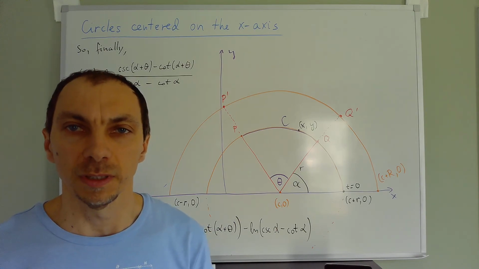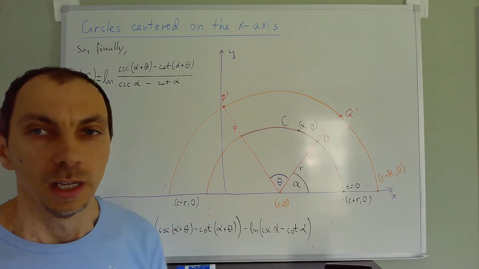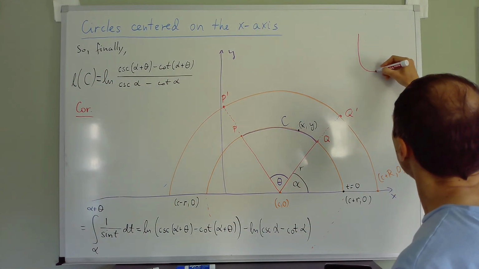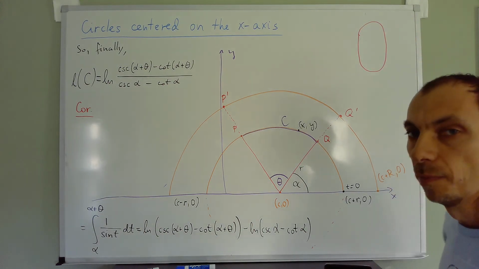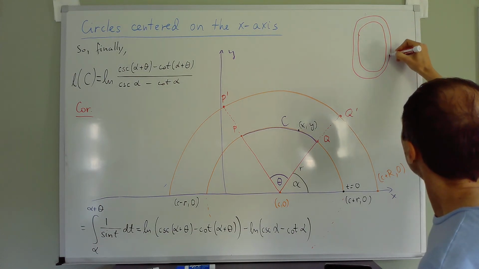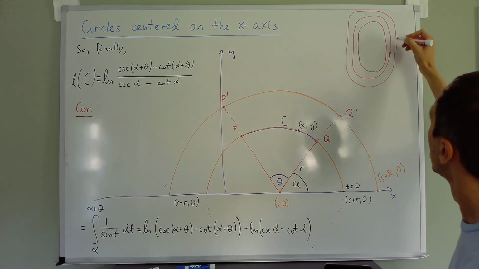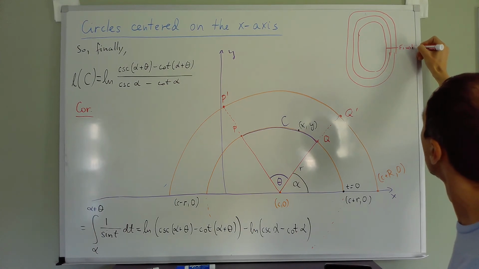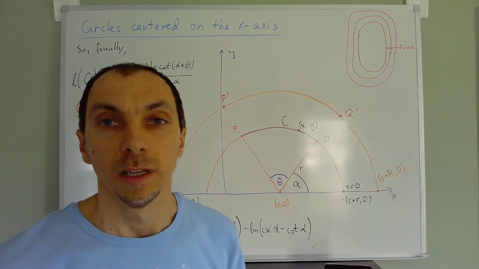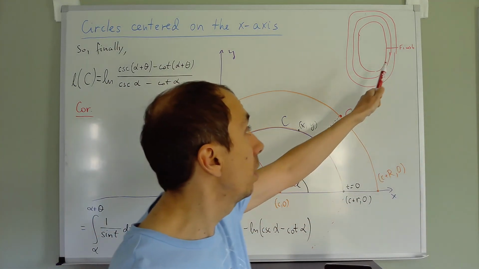On Earth, when you build stadiums for people to run on tracks, if the stadium looks like this, and the various runners run on tracks, and suppose this is the finish, and they're supposed to each make one circle around the stadium, then of course the person who's running on the inner track actually has a shorter distance than the one running on the outer track.